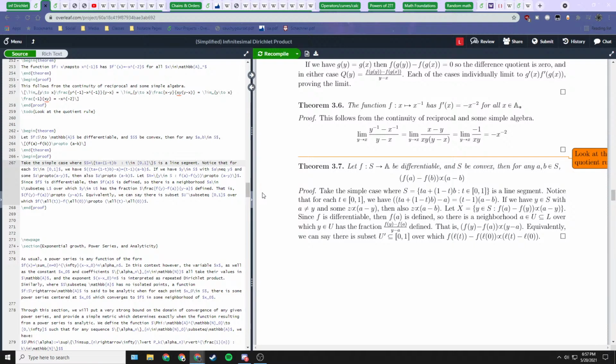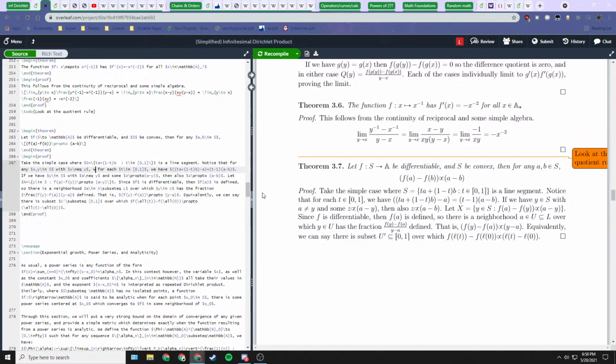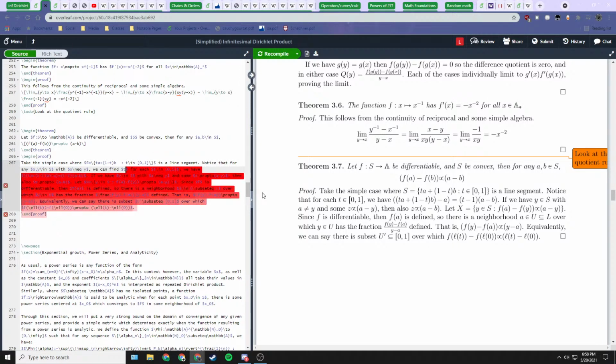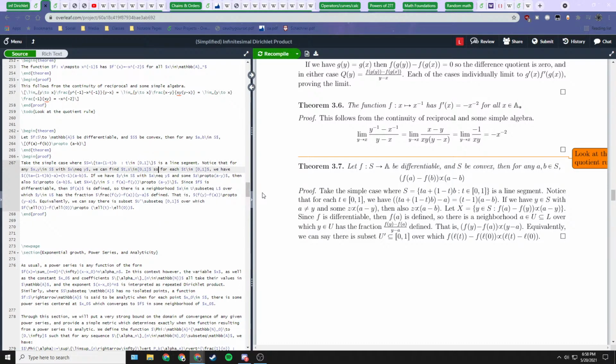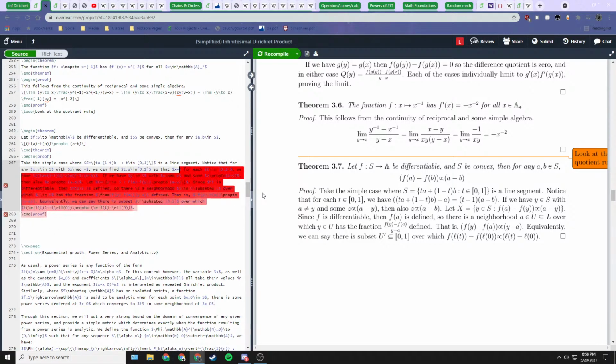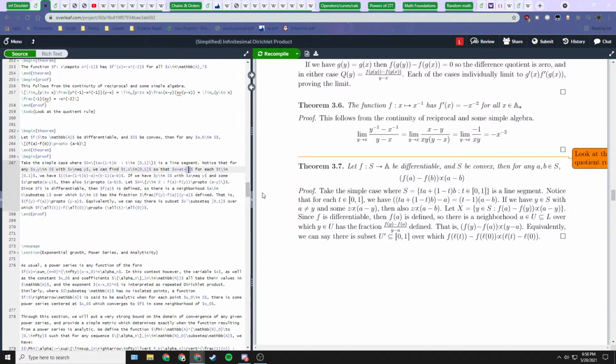So for any x, y in S with x not equal to y, we can find t, s in [0, 1] so that x equals t a plus 1 minus t b, and y equals s a plus 1 minus s b.